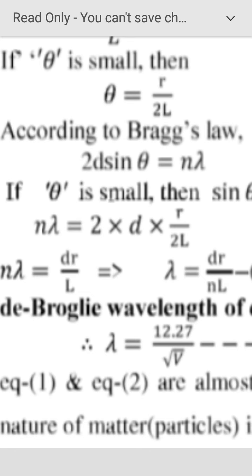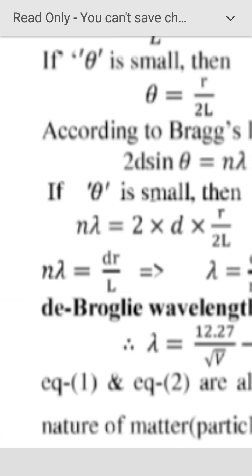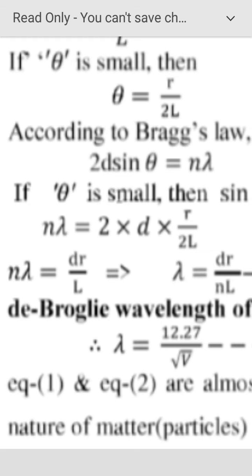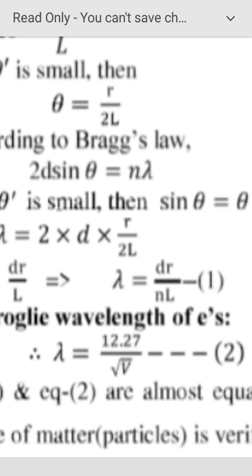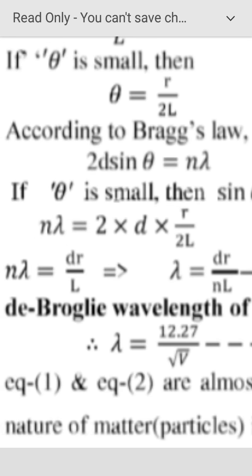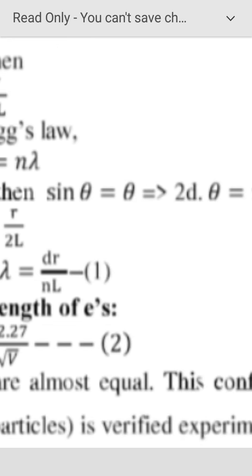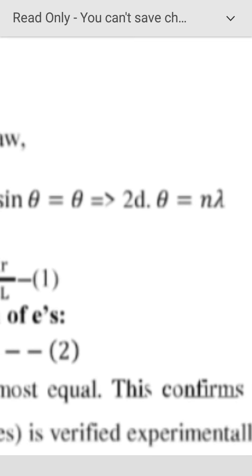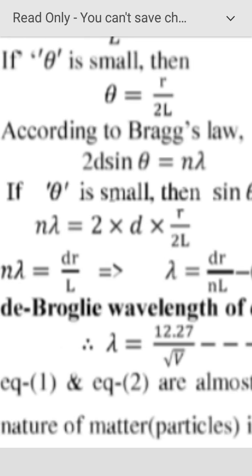According to Bragg's law, 2d sin theta is equal to n lambda. As theta is small, we can write sin theta is equal to theta. Therefore, Bragg's law can be written as 2d theta is equal to n lambda.